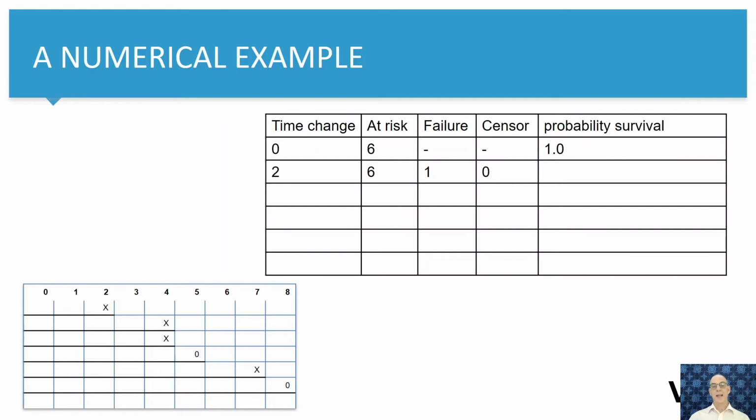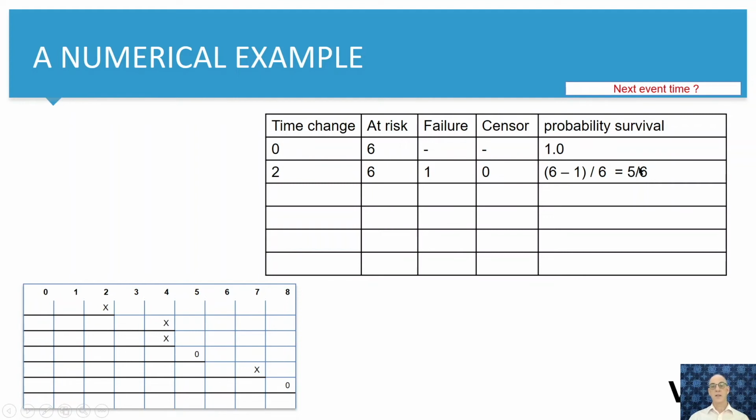So that means that at period 2, the probability of survival, the probability of not having the event, becomes 6 minus 1 divided by 6. Because one person failed, so 6 minus 1 survived. And my at risk was 6, so the probability of survival at time point 2 was 5 divided by 6.